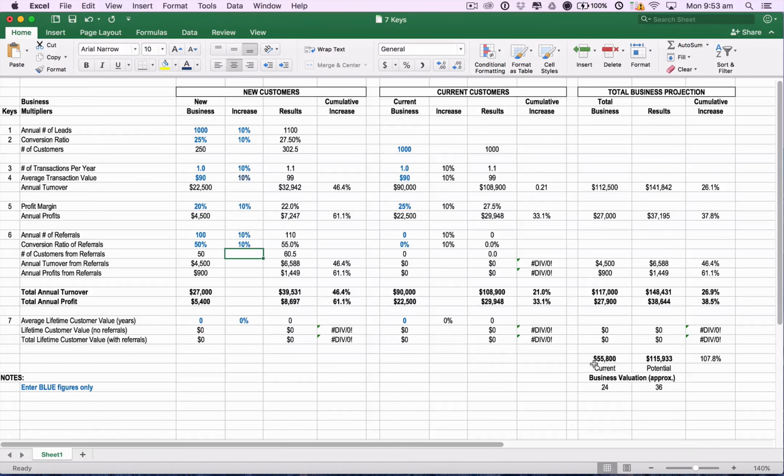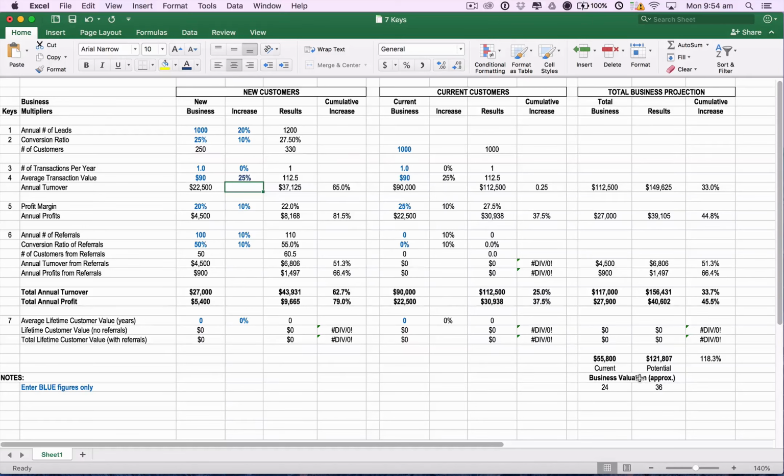So you are probably looking at something around in the 50s, and we could probably, with tweaking these levers, get it up to about 116. Now, this is all approximate, right? This spreadsheet is purely for you to be able to play with the fact that if you increase things by a small amount, maybe you can increase this by 20%. Maybe you're going to actually not increase that one at all, but maybe you can increase that one by 25%. When you play with it, you'll see the net impact it has to profit and revenue, and therefore in valuation.